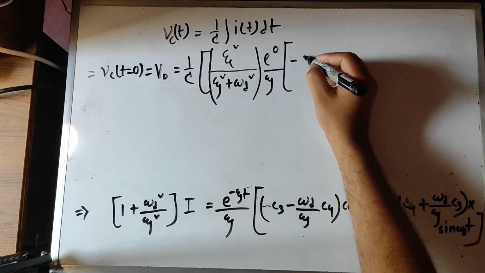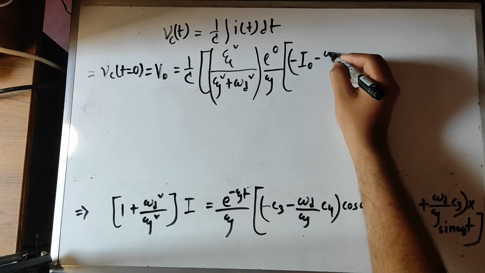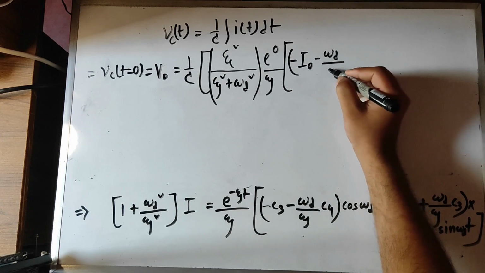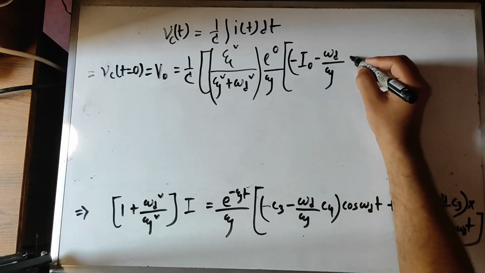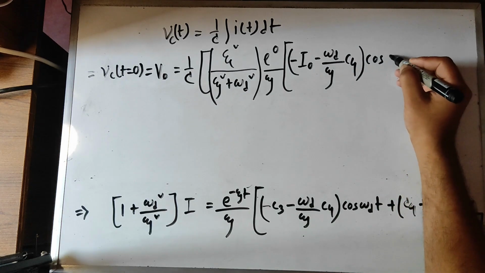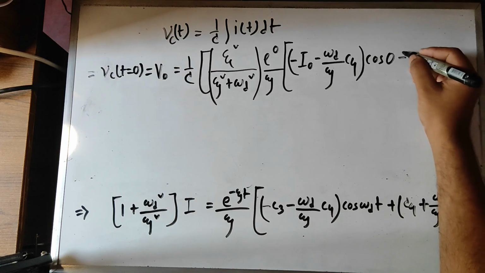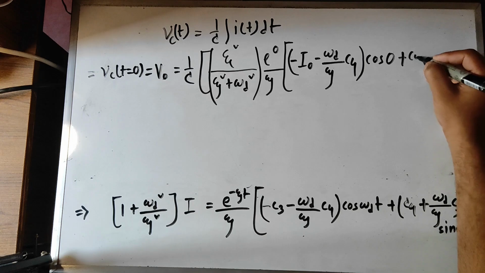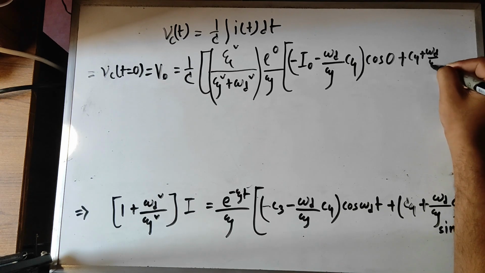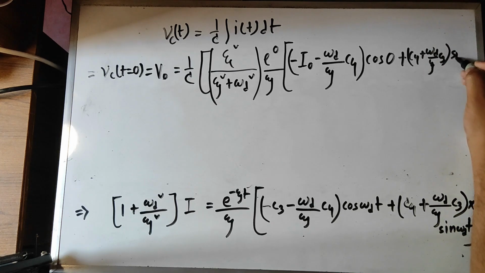So here C3 is I0, we know that. So minus I0 minus omega_d by zeta C4 cos 0, and this term C4 plus omega_d by zeta C3 sin omega_d t, this is plus C4 plus omega_d by zeta C3 sin 0.